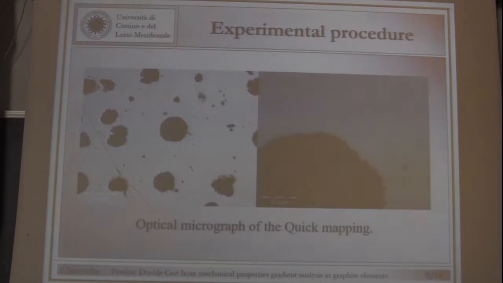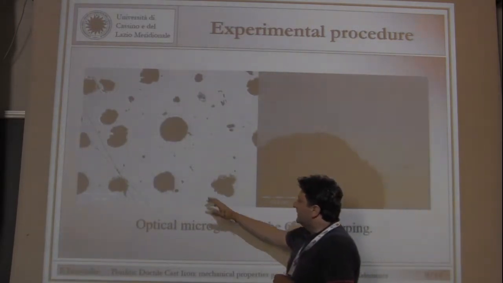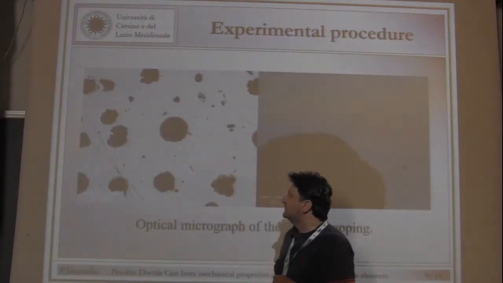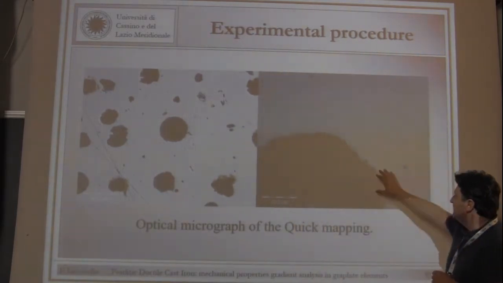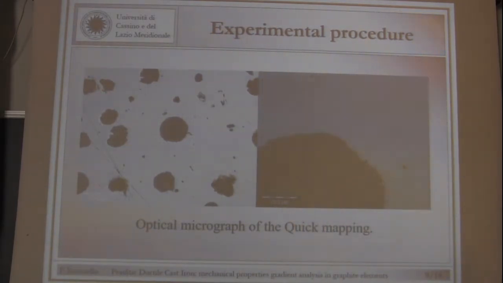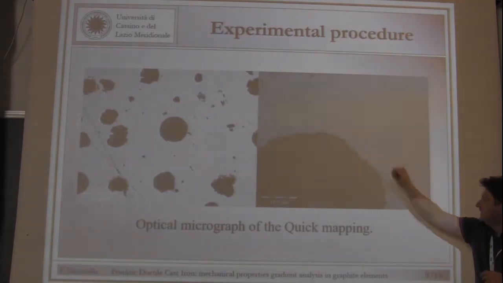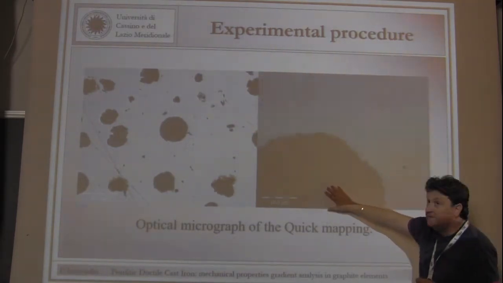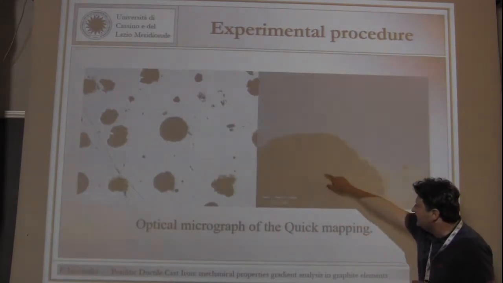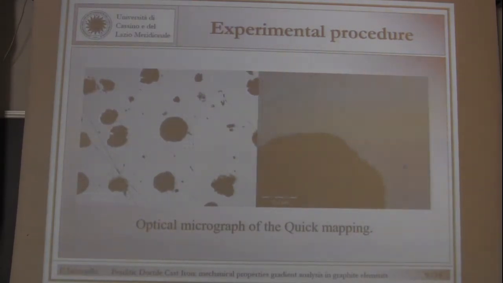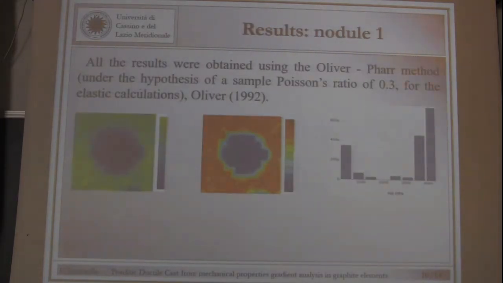The distance between the indentations is about 20 micrometers, in order to take all the characteristics in this region. This is another picture where we can see the position of different indentations. The projector is not so good, but inside of this graphite we have the shape due to the indentation process. These are the first results.